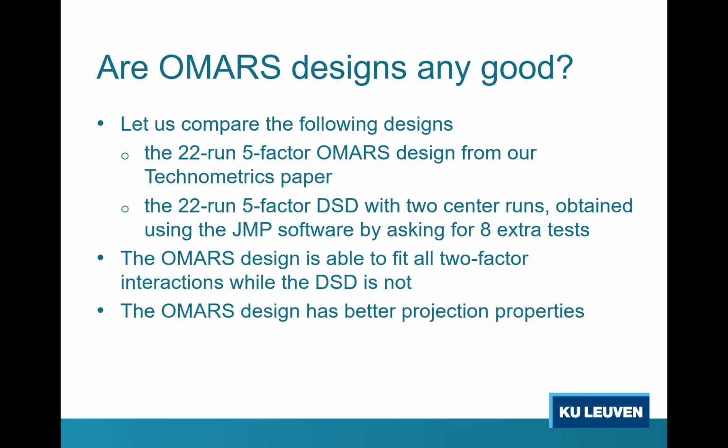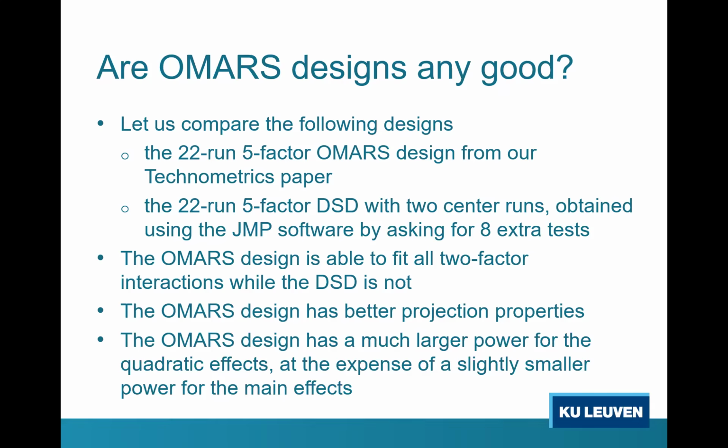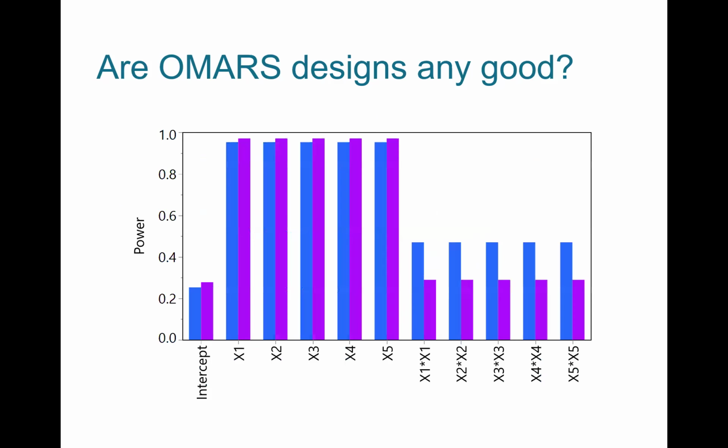That means that the OMARS experimental plan allows you to estimate more different models with 2 factors, with 3 factors, with 4 factors, which we also like. And the OMARS design also allows you to estimate quadratic effects substantially better than the definitive screening design, at the expense of a slightly lower precision for the main effects.